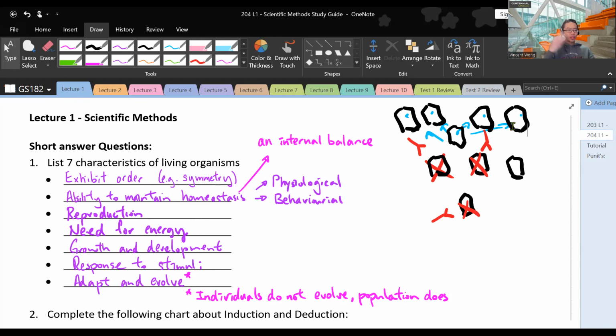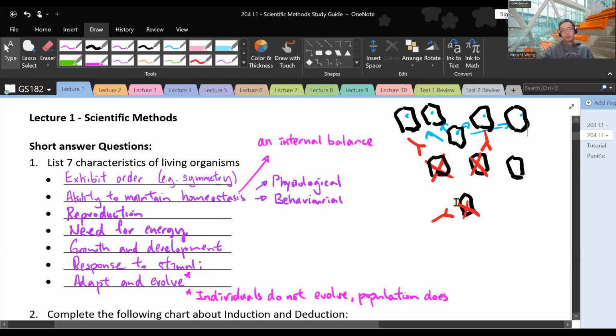Does that make sense? So that's evolution in real time, right? And of course, it's very concerning because the virus is always going to be able to evolve, and we're always going to have to keep up with perhaps new vaccinations or new interventions to stay safe. Regardless, these are the 7 characteristics of living things. Do we have any questions before we move on?